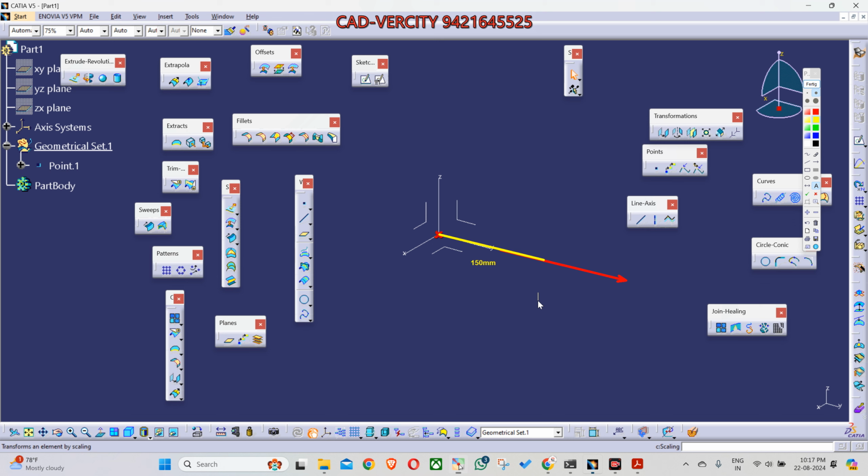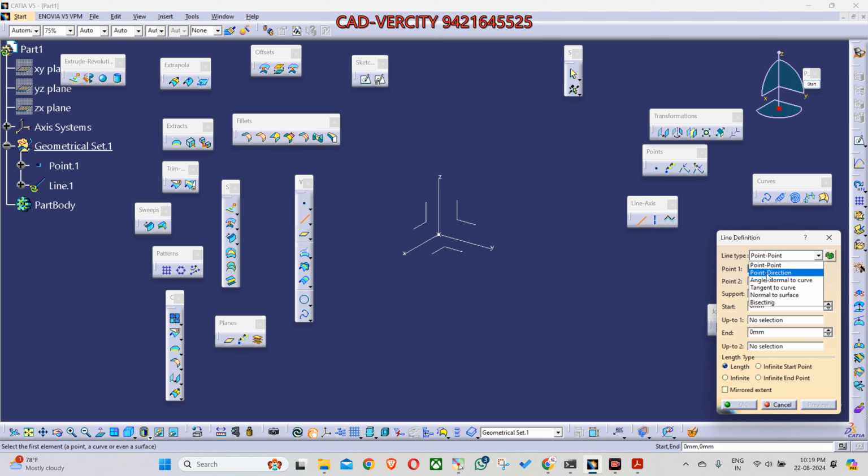Yes or no? Yes, sir. Do we need one direction? Yes, sir. Okay, so these two inputs we will need to draw this line. And do we need the length input? I will give an input of 150 mm somewhere.